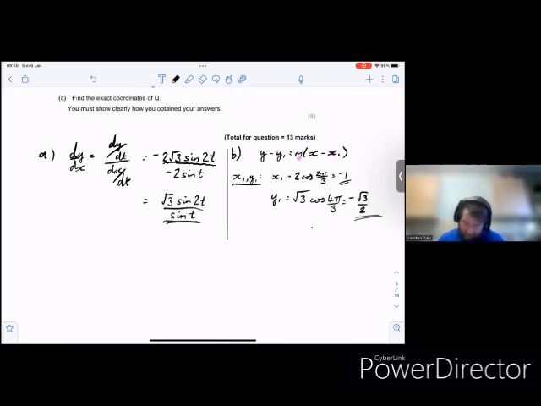So now to find m, we sub our t value into dy by dx. So we get root 3 sine 2t, so that will be sine 4 pi over 3, over sine t.